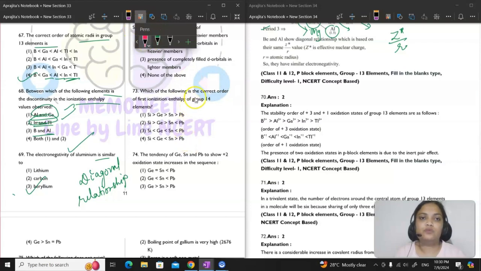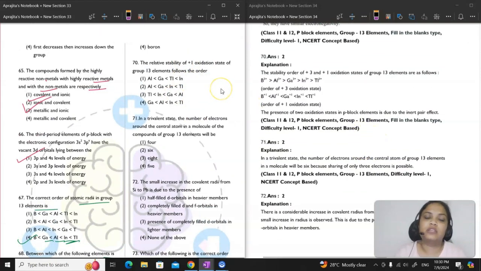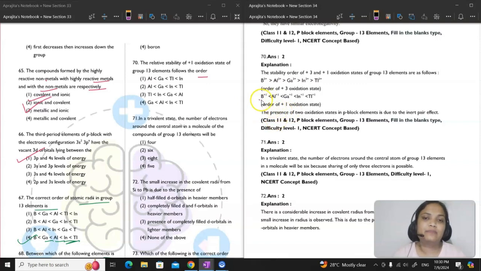Now moving on to next question, 70. Relative stability of +1 oxidation state of group 13 elements follows the order. Now if I talk about the +1 and +3 oxidation states, for +1 oxidation state, the stability increases from boron to aluminium to gallium, indium and thallium. But the stability of +3 oxidation state decreases.